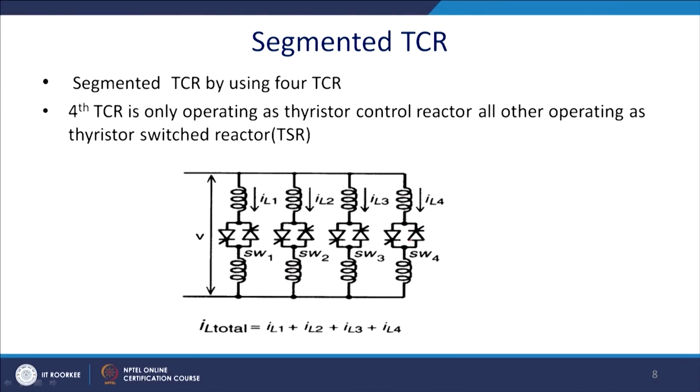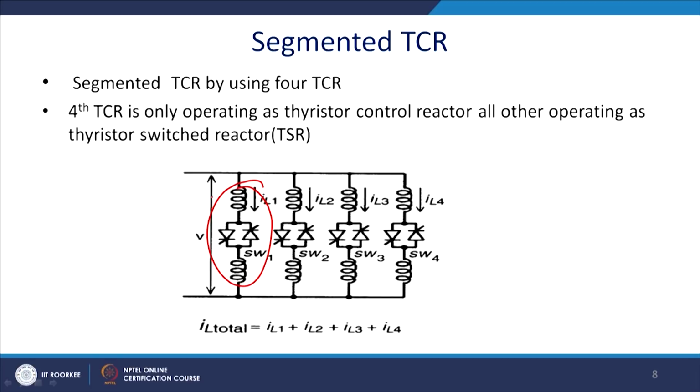So, this is the case of the segmented TCR. One will have the alpha, the others just on and off in most cases. The others will have a delay angle of only alpha equal to 0. So, this is called the segmented TCR.